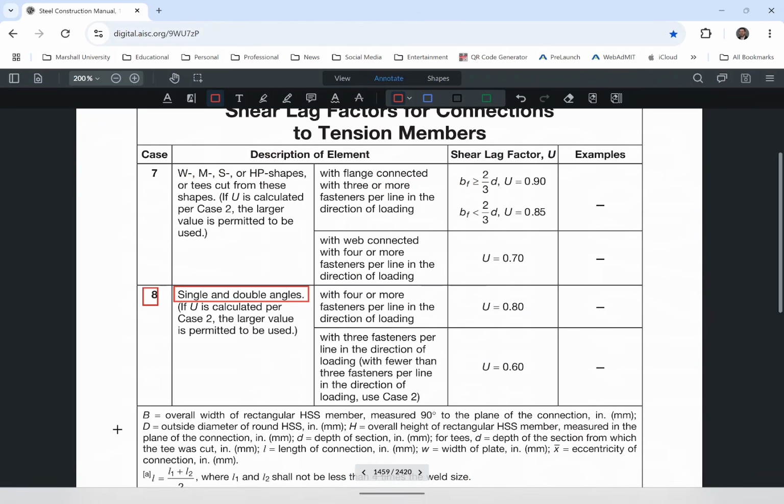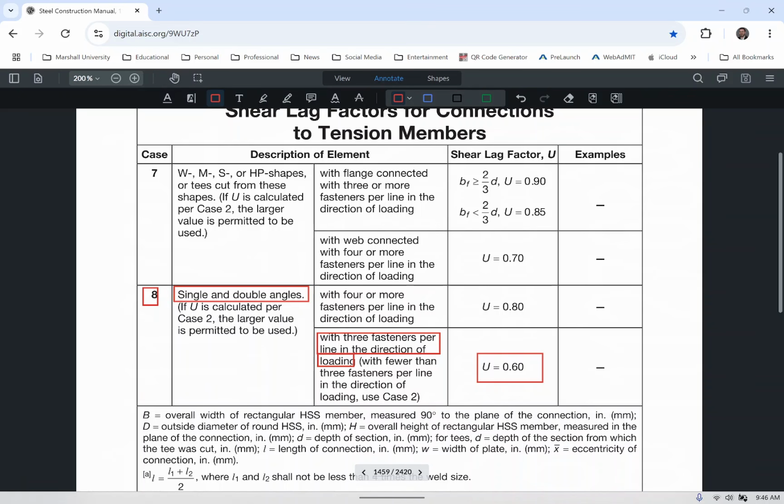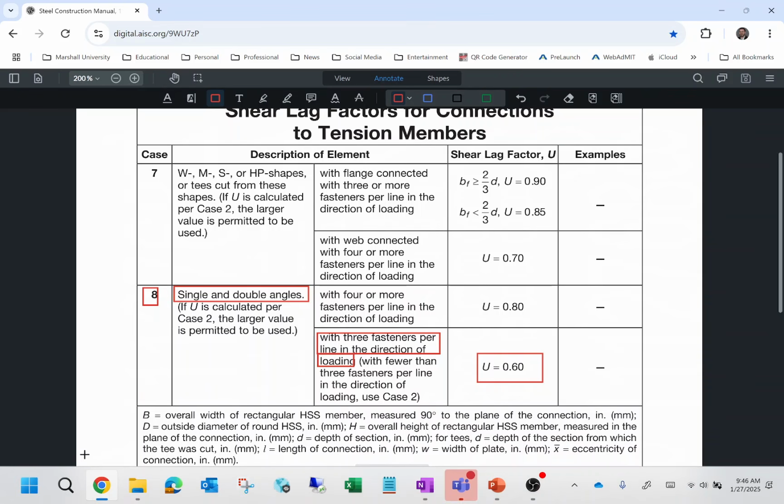So if we have 3 fasteners per line in the direction of loading, that's going to be our U value for case 8, right?